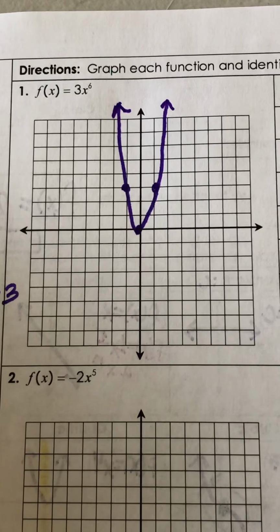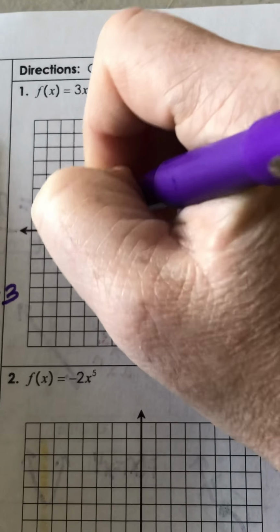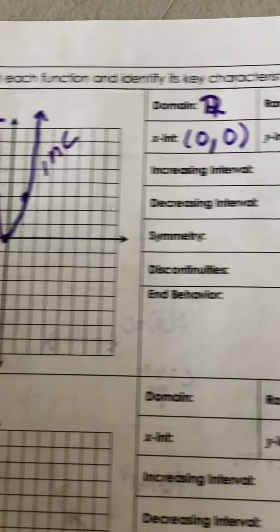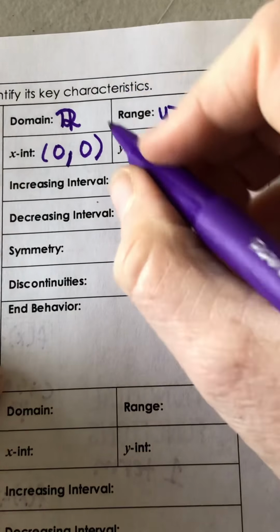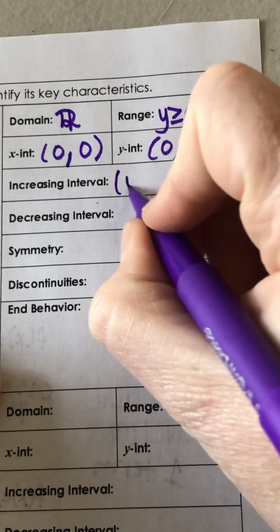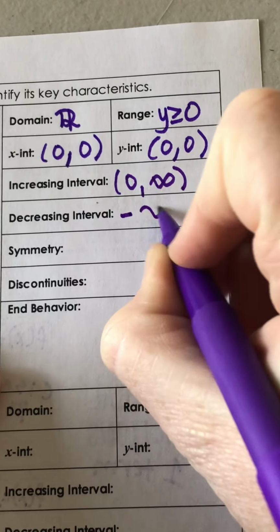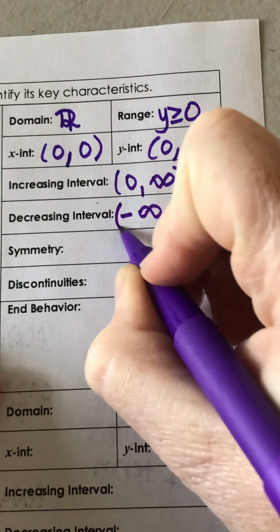So, we're decreasing at first and then increasing. Down the hill, then up the hill, from left to right. So our increasing interval is 0, infinity. Decreasing is -infinity to 0.